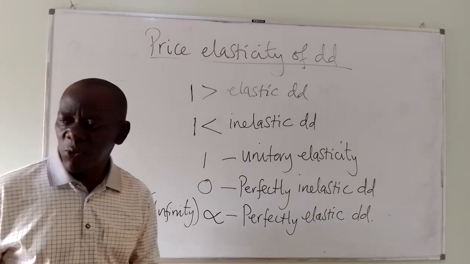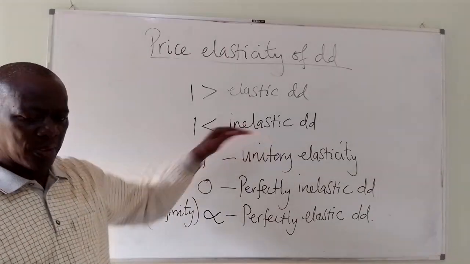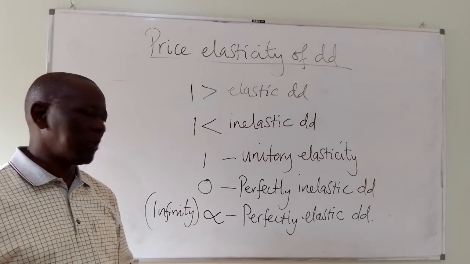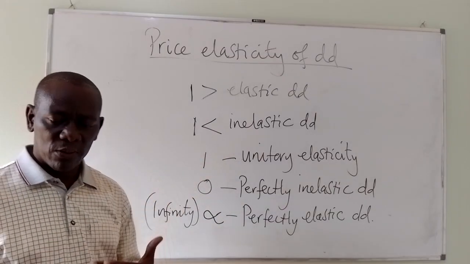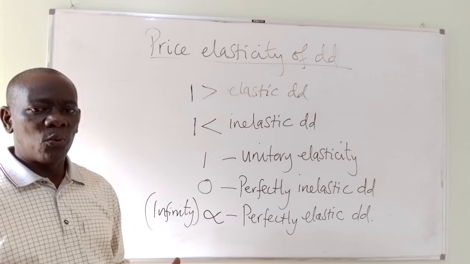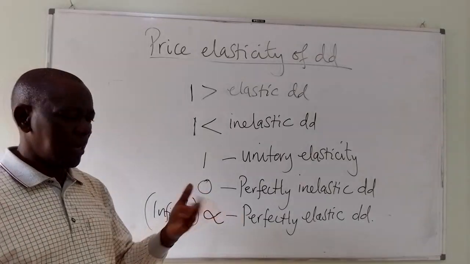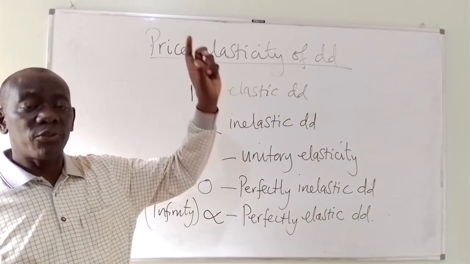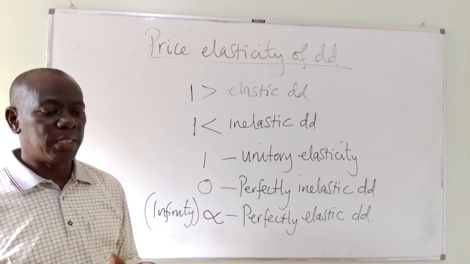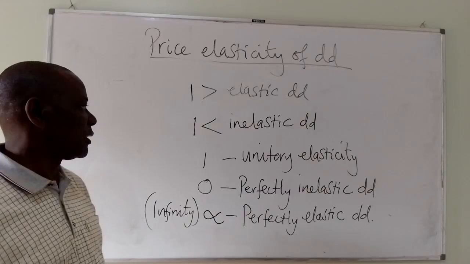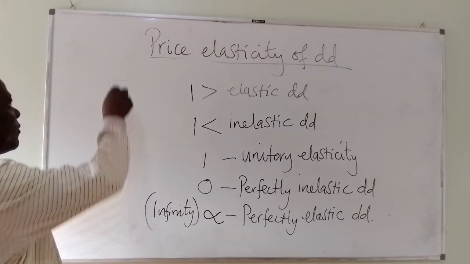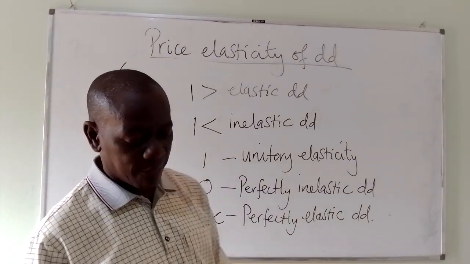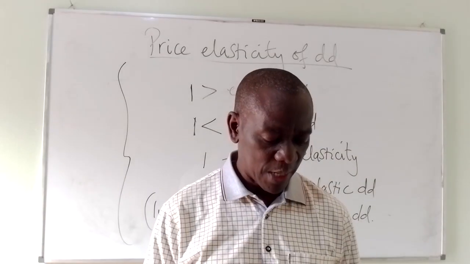You have to find out what commodities face this, and if you are going to take any government policy or economic policy towards that commodity, then you have to know the implication and how it is going to affect the consumers, because this shows that once you increase the price so high, there will be only a slight change in demand. What do I do with such a commodity? Those are the questions you have to answer when you are taking any government policy towards that commodity.